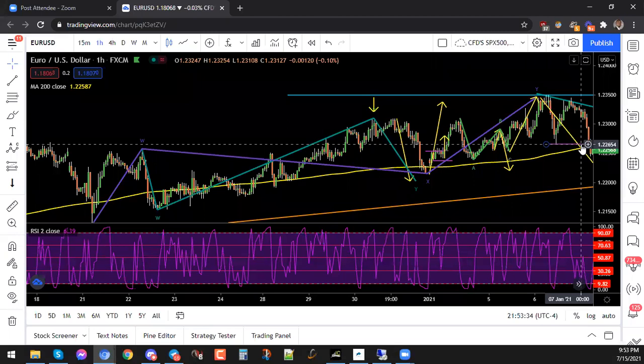Okay, so some of us may exit at that level whilst others may want to wait for the 5 or 6 a.m. candle to be an opposite candle, and that could give us a hint that traders are looking to get out of the market because you're selling, and between 5 and 6 you get a green candle. So that's going to be giving us a hint that we have a shift of momentum.